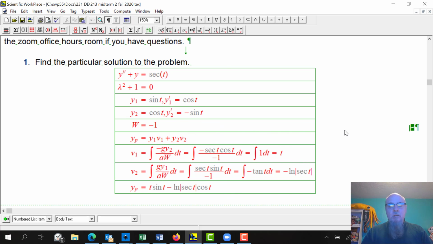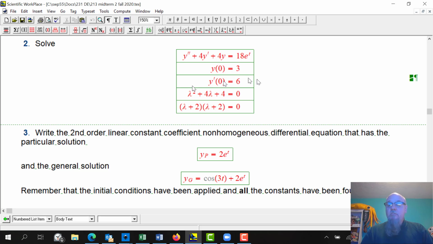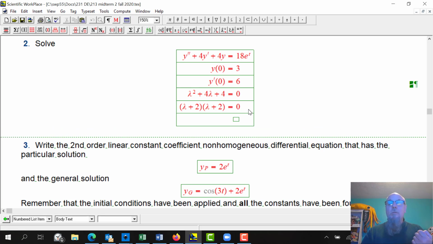for that. Next question. The next question then, this is just plain vanilla, got to get the homogeneous solution, got to get the particular solution. After we add them together with the general solution, use the initial conditions to get the c's, the two c's that are in the homogeneous solution. So write down our auxiliary equation. That factors, we get eigenvalues of minus 2 and minus 2, real and repeated.